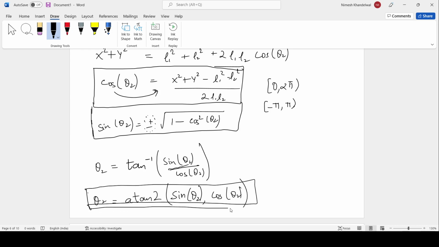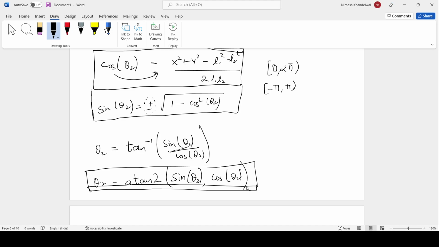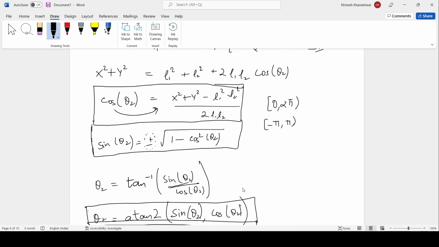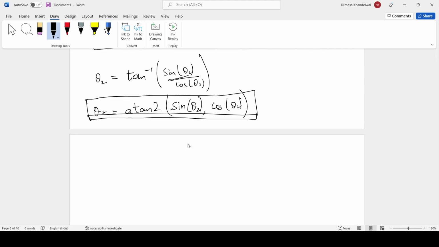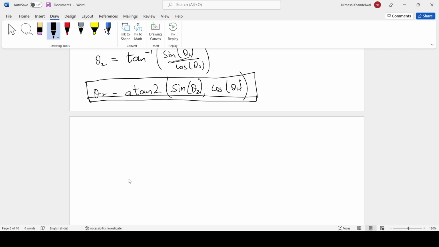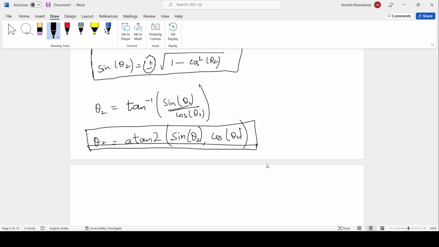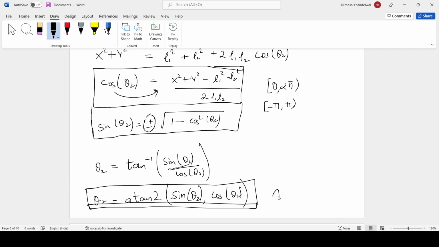Now, before calculating theta 1, let us discuss what it means to have these two different values, plus and minus. For the 2R manipulator, let's say we want the end effector to be at this particular position.